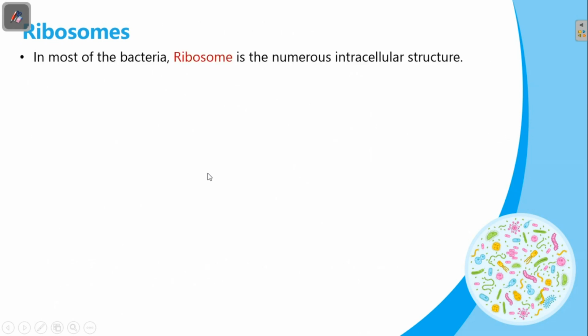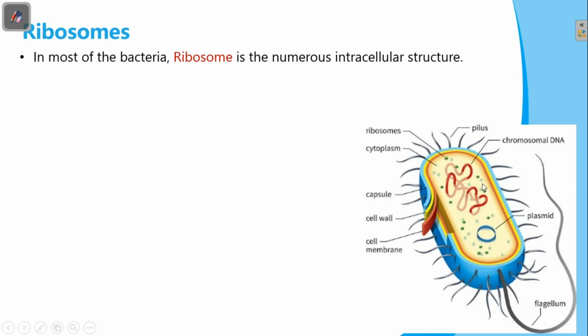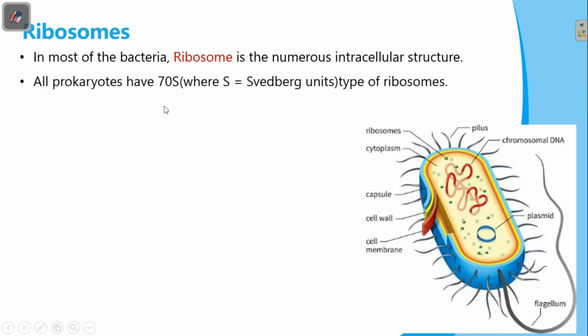Next, ribosomes. Ribosomes are cell components that are present in all prokaryotic and eukaryotic cells. In most bacteria, ribosomes are the numerous intracellular structures. These ribosomes appear in two forms. Some are fixed to the plasma membrane and some occur freely in the cytoplasm. All prokaryotes have 70S type ribosomes.